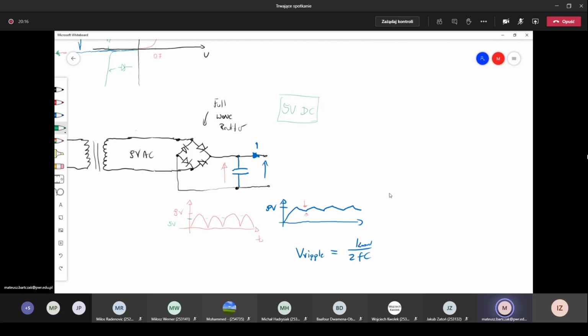Now is the place for the voltage regulator, which we can build with the Zener diode. So we have R and we have the Zener diode here.